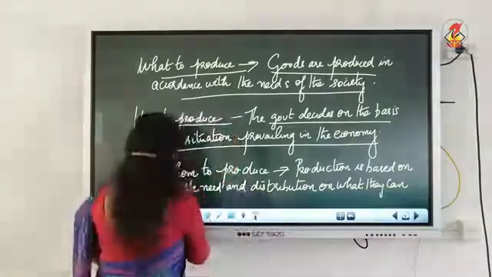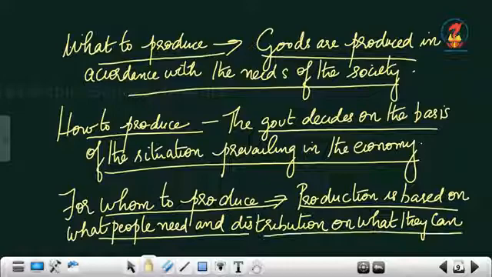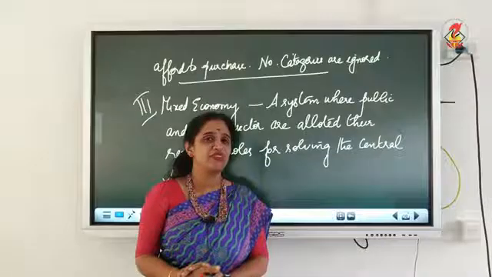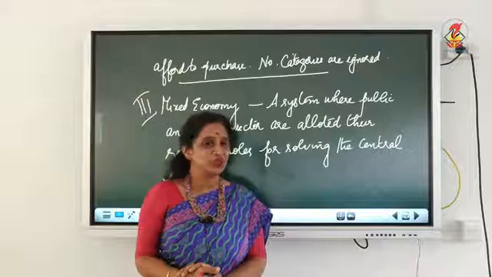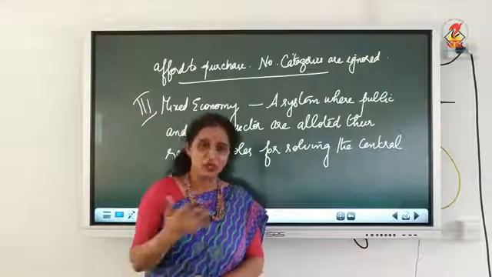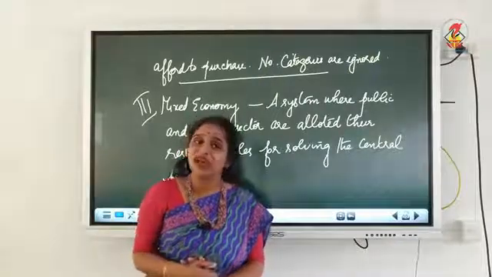Now, let us see the next one, for whom to produce. Here, production is based on what people need and distribution on what they can afford to purchase. No categories are ignored. In the capitalist system we saw the poorer sections are ignored, but here government will produce both four-wheelers, two-wheelers as well as bicycles, where all the categories of people can afford.